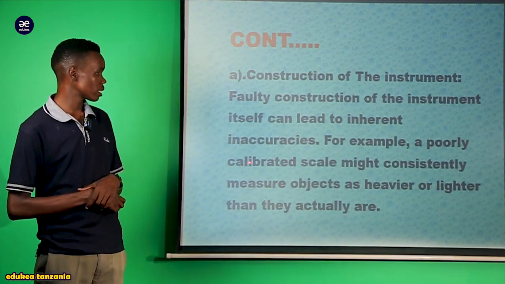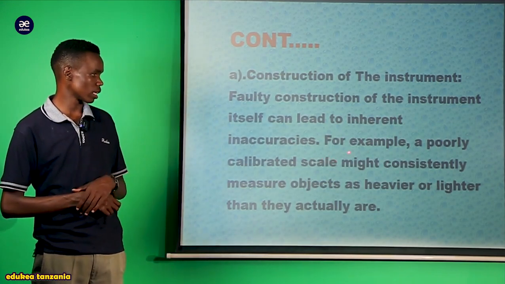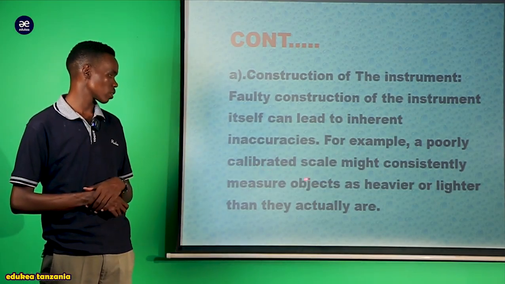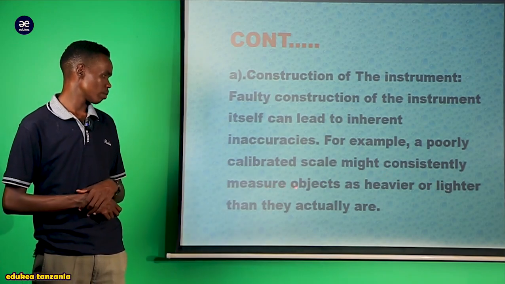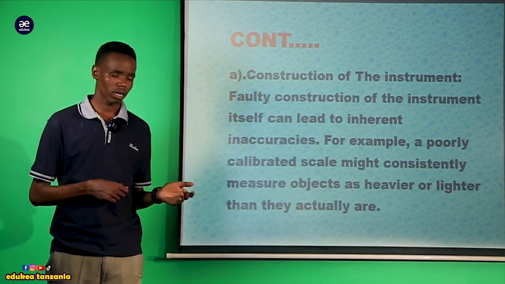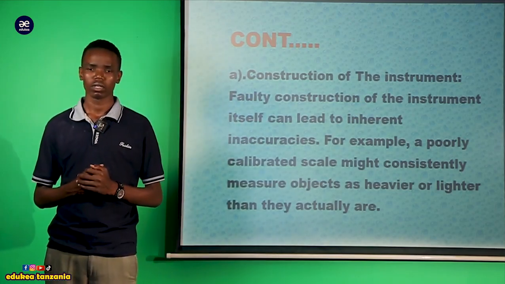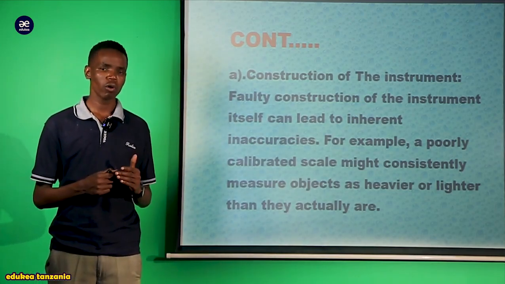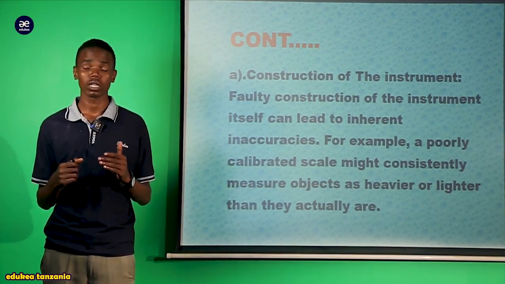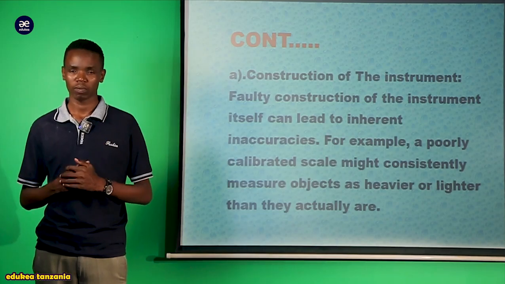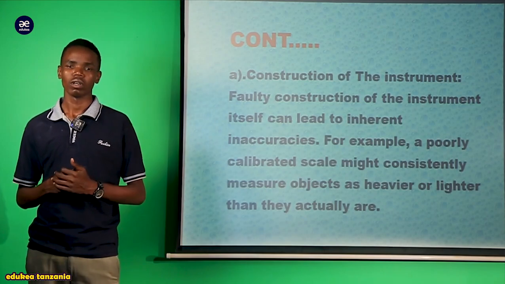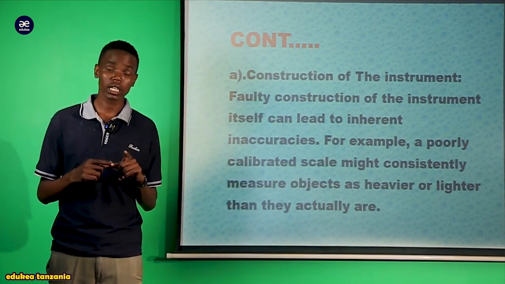Also here, let us proceed with the explanation that, for example, a poorly calibrated scale might show a major object as heavier or lighter than the actual. Here, overall, we explain about the error that exists during the construction of the instrument or during the designing of the instruments, or when we calibrate the scales.